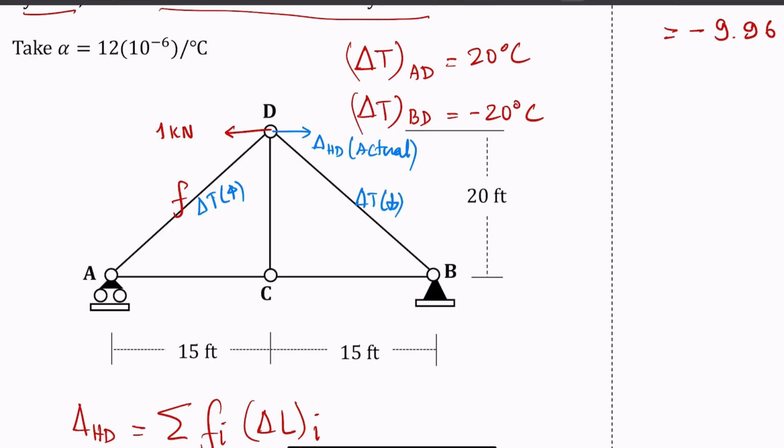So if AD temperature rises, that means this will expand here, and BD will undergo temperature reduction, so it will shrink. So you see that it does move to the right. Okay, so in that way you can make sense of why it is negative.